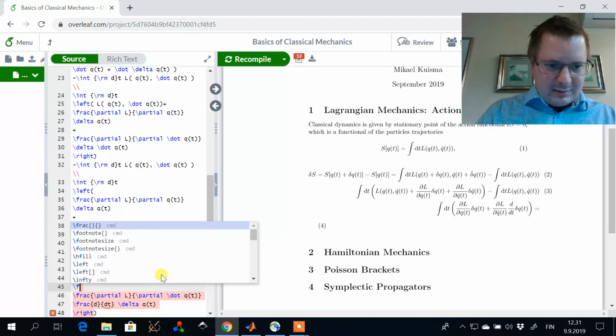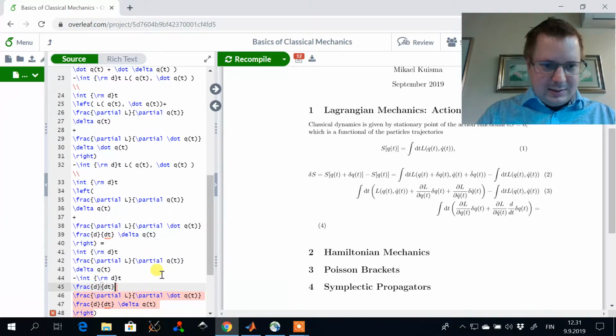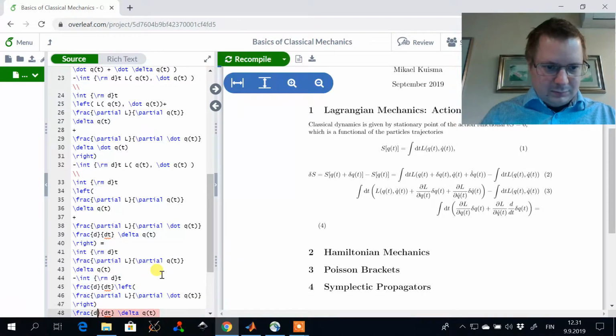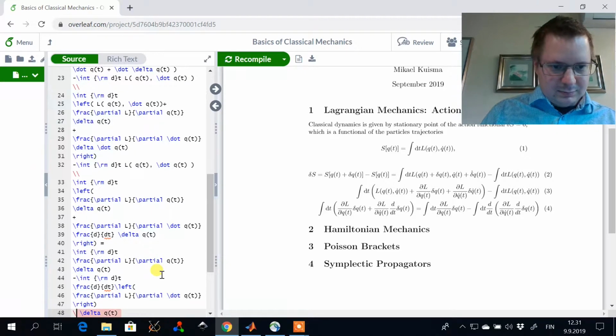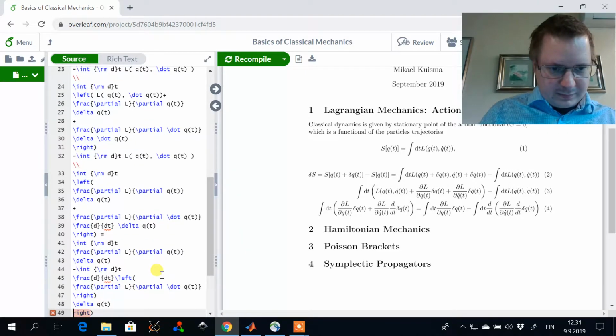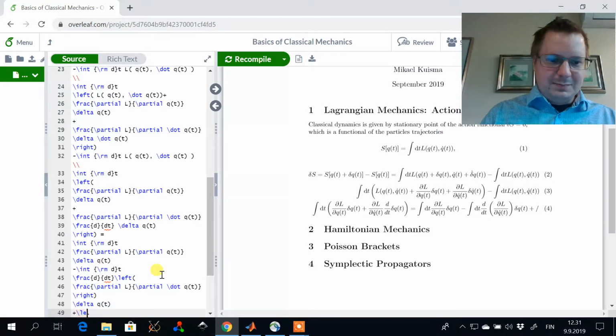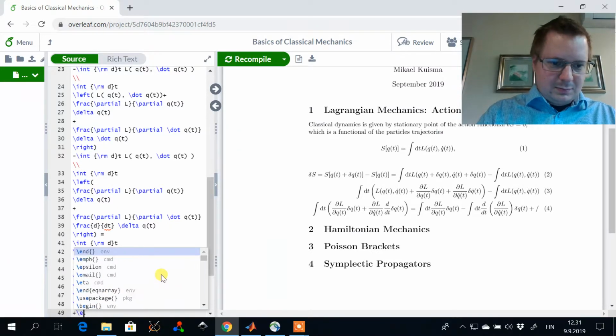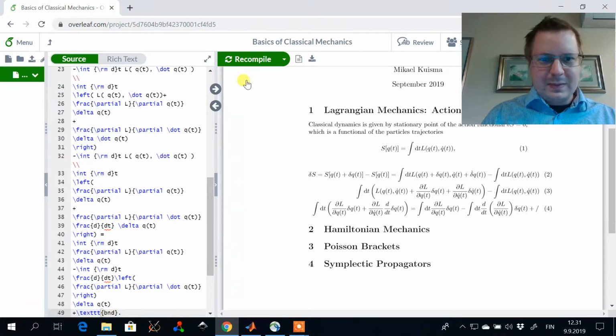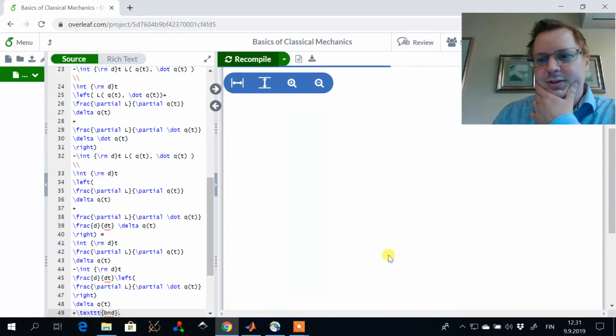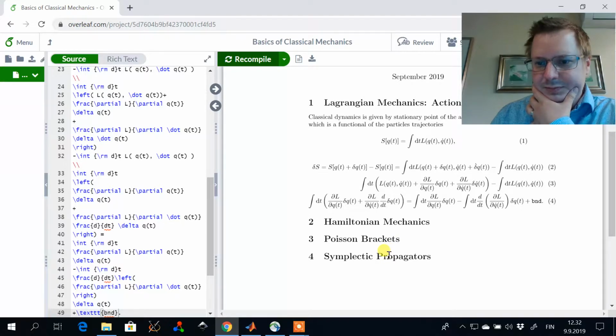So we have d/dt of this one instead of this one, and a boundary term of some sort. I will just say boundary, because it's important in some cases, but not right now.